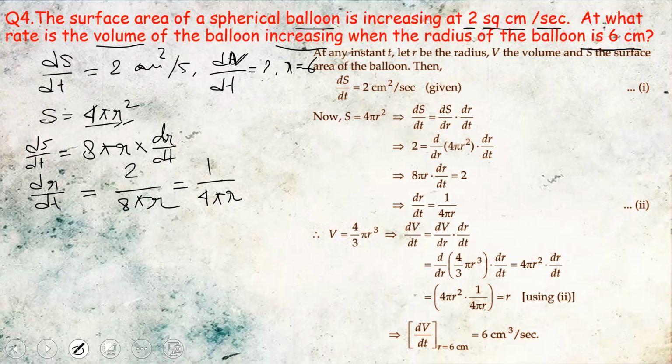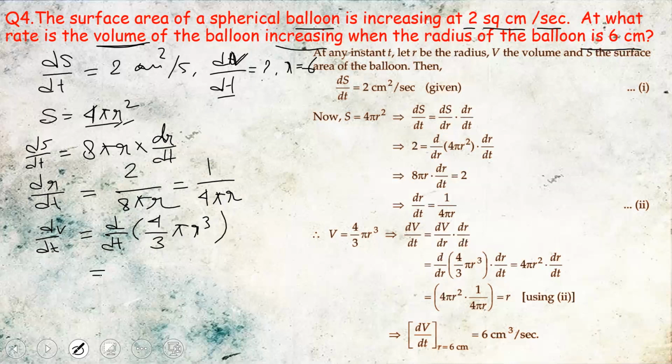Now we need to find dV/dt, that is the rate of change of volume. So what is V? dV/dt is given by d/dt of volume. Volume is 4/3 πr³.